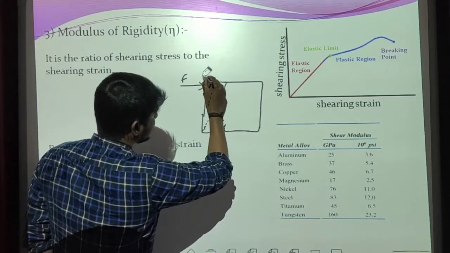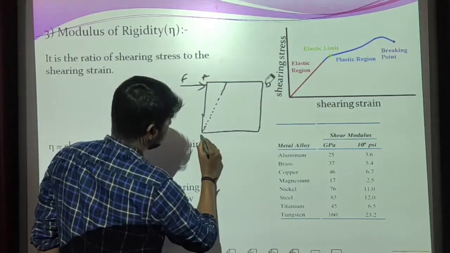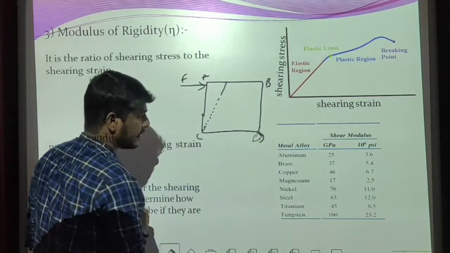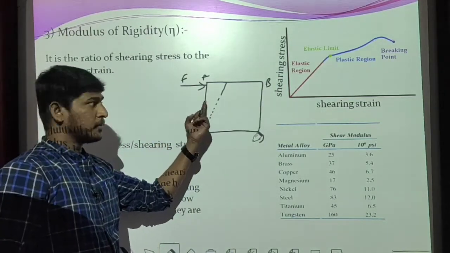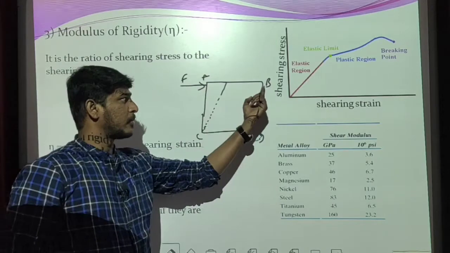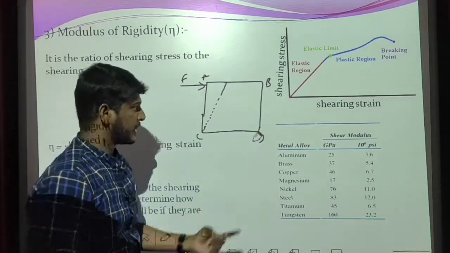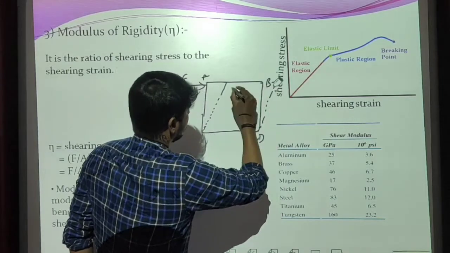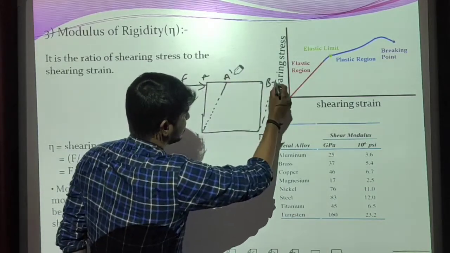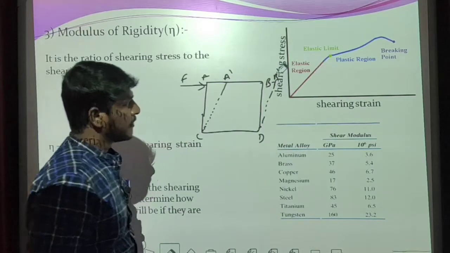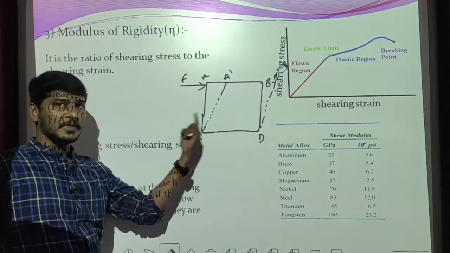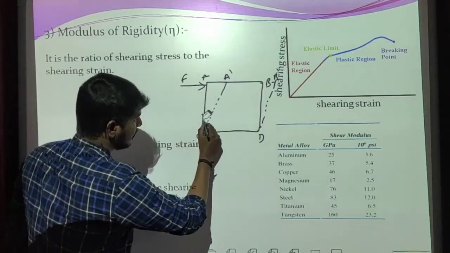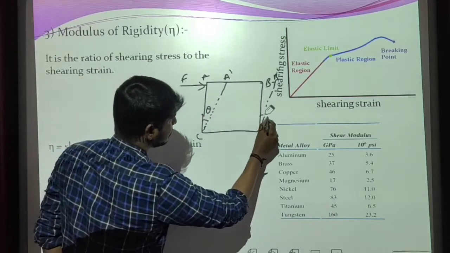Let us suppose it is points A, B, C and D. After applying this deforming force, point A and point B will shift to the next points, that is, they become A dash and B dash. We have already discussed this concept earlier by making an angle theta.